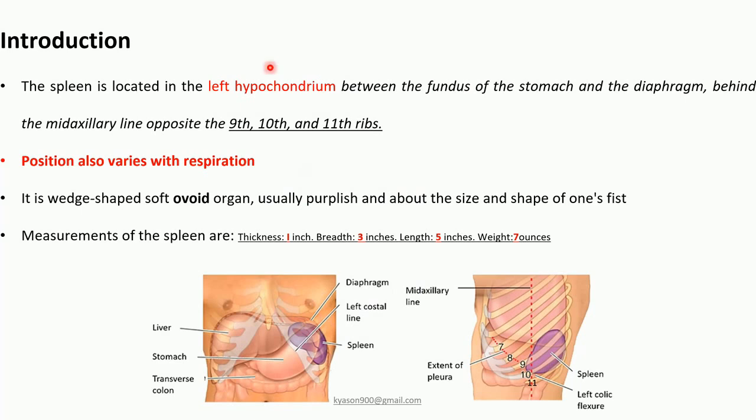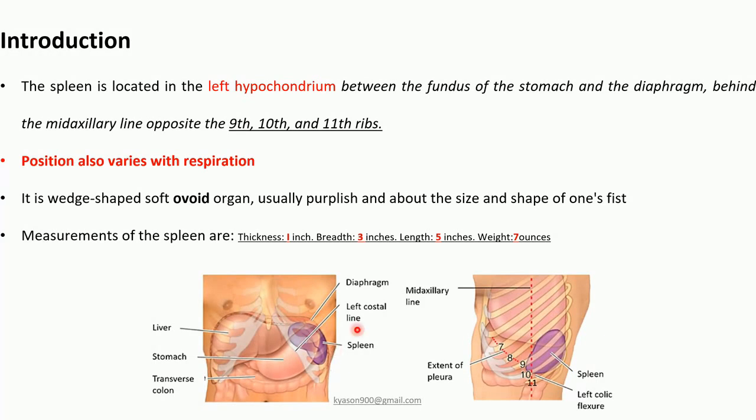Of course, it lies in the left hypochondriac region between the fundus and the diaphragm. You can see the spleen here, the fundus of the stomach, and the diaphragm lying behind.